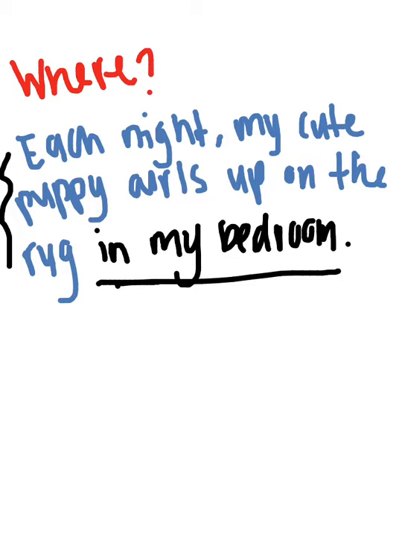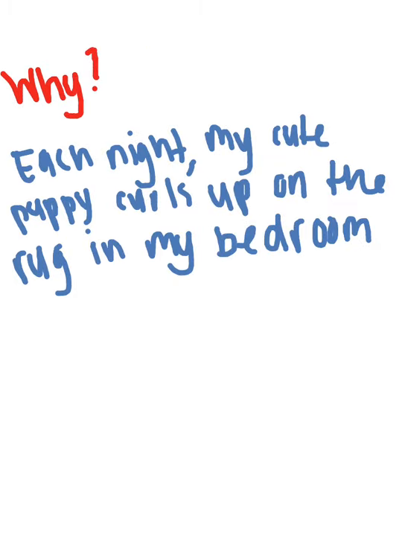And I can stretch it even more with another question of why. Why does my puppy curl up on the rug in my bedroom? Okay, so we need to add that why to this. So this is what we had, and I have to answer the why. Well, because she wants to chew her bone.